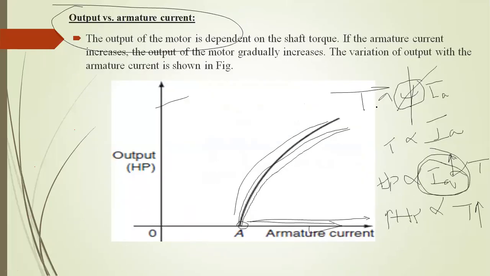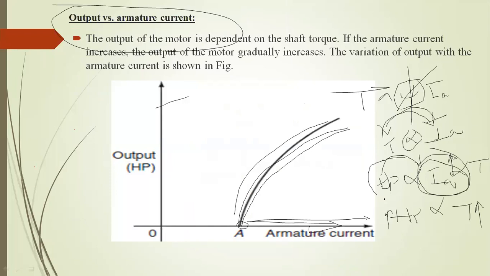So this is the equation. Tau is directly proportional to phi Ia, where the flux per pole in the DC shunt motor is considerably constant. So while it is constant, we have this proportionality constant. The torque depends upon the armature current, and the output power also depends upon the armature current and the torque.